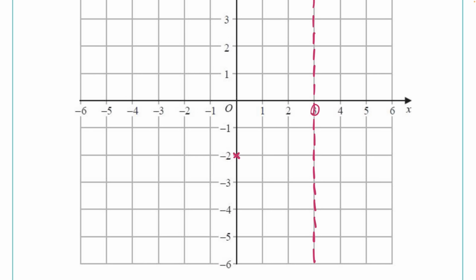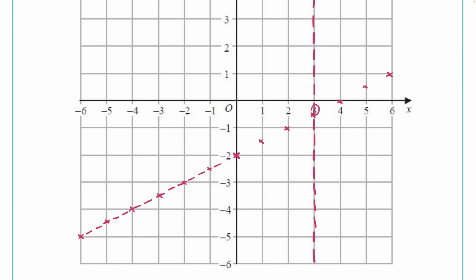So if I go 1 across, half up, 1 across, half up, and I'm going to keep going, and you start to see the pattern, and there it is, and I can follow that pattern backwards as well. And once I've finished drawing my pattern in, I'm going to join that up again with a nice dotted line.